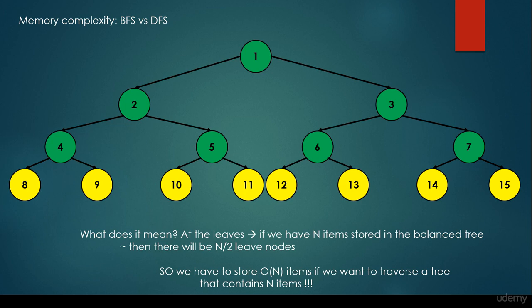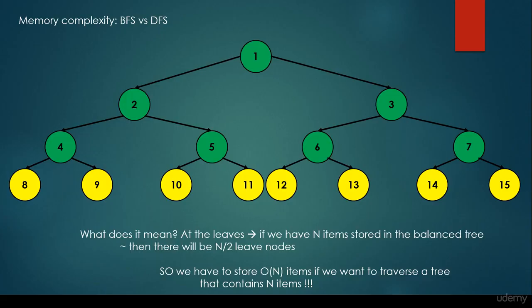Basically this O(n) is the upper bound, and the leaf nodes are the bottleneck. When we are dealing with the leaf nodes, this is the situation when we have to store the most items in the queue abstract data type. And that's why the memory complexity for using a queue is O(n).